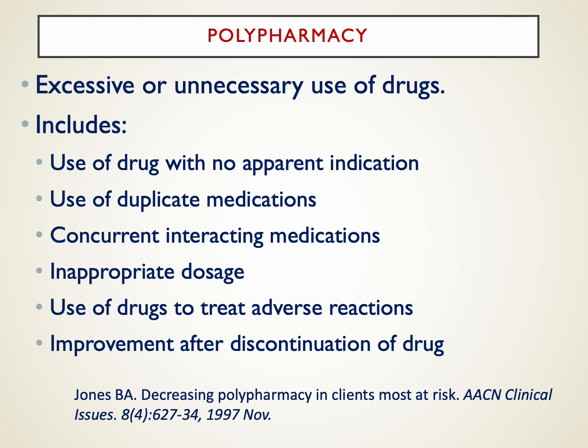And ways that we more finely tune that are using a drug without an apparent indication, or duplicate meds that interact in negative ways for patients, that could be done more safely, or doses that are inappropriate in one way, shape, or form. And we often can tell that there was polypharmacy with hindsight when we trial somebody off of a medicine and they actually do better. And in practice, we see that all the time.